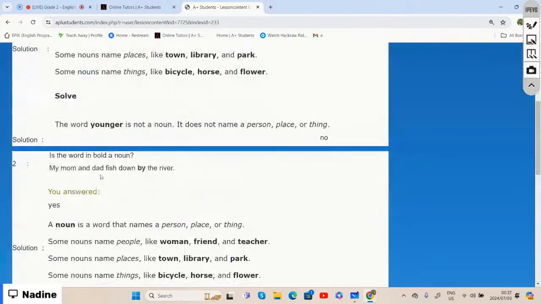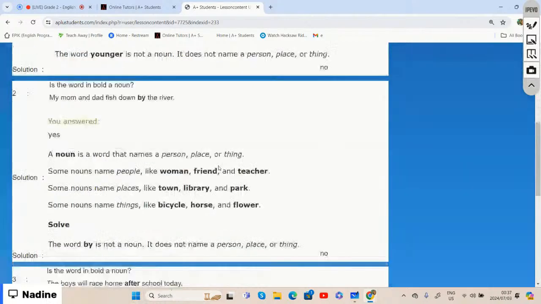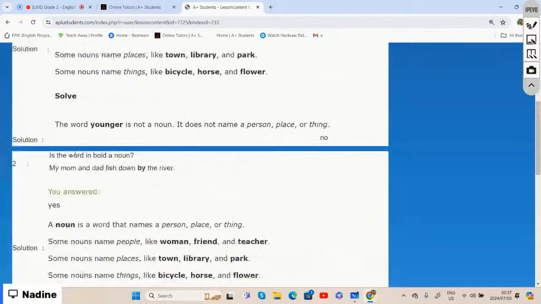My mom and dad fished down by the river. So the word by, is the word by a noun?